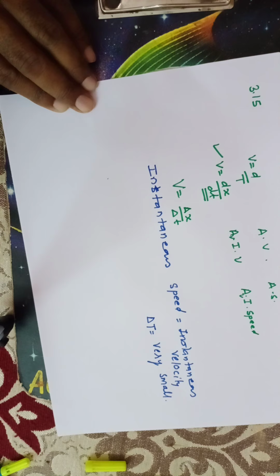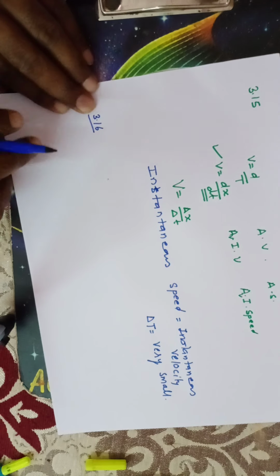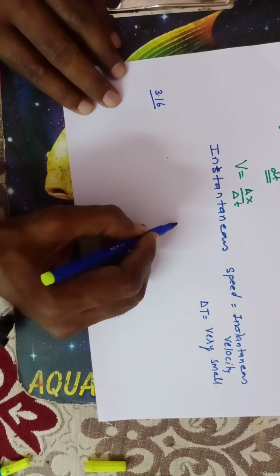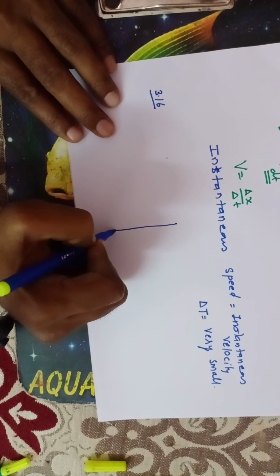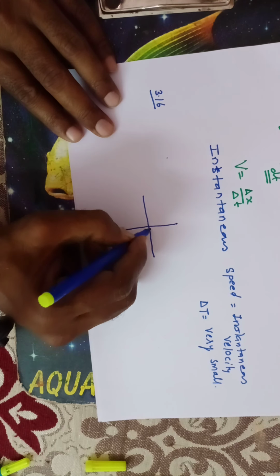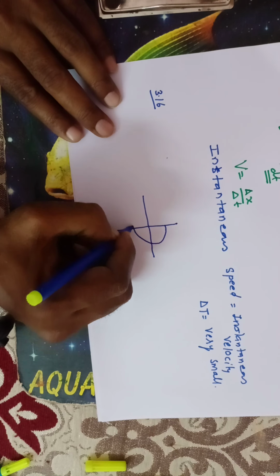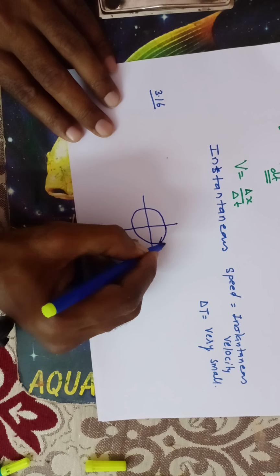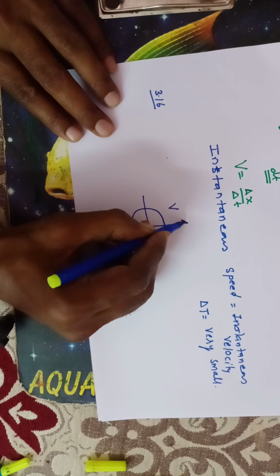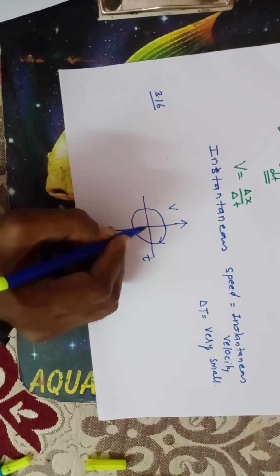Like this we have number of questions. One simple question again I am asking, is this graph possible? Here we have time and here we have velocity. Is this graph possible?